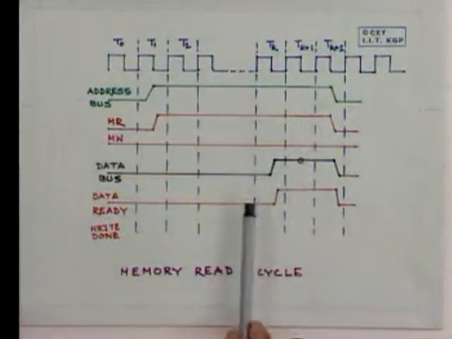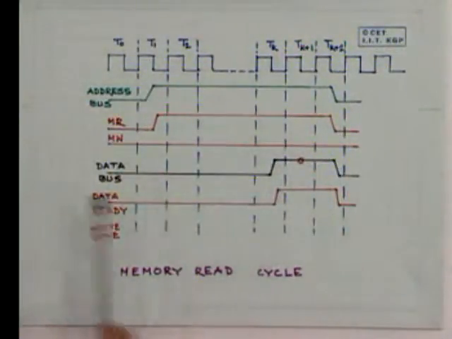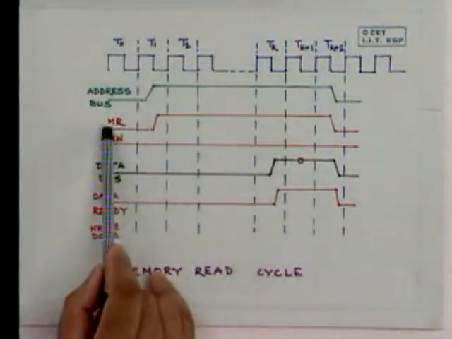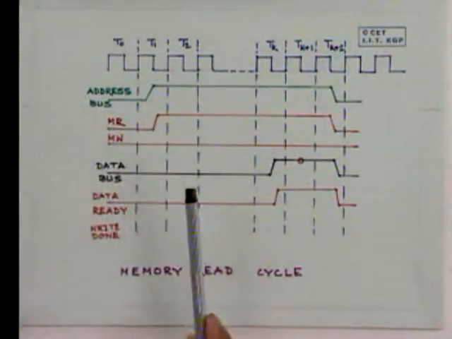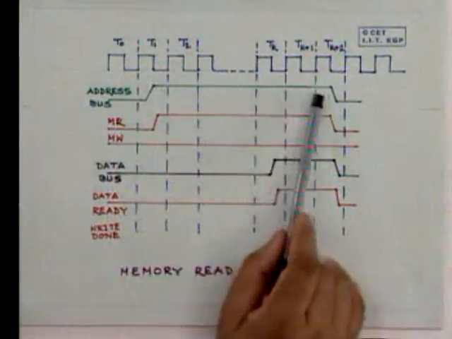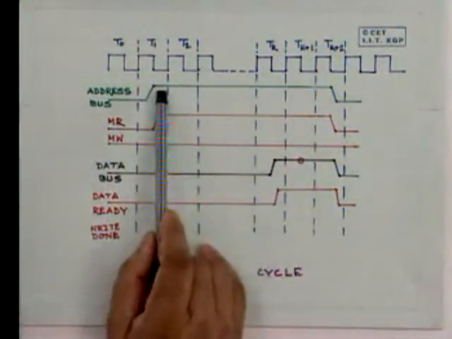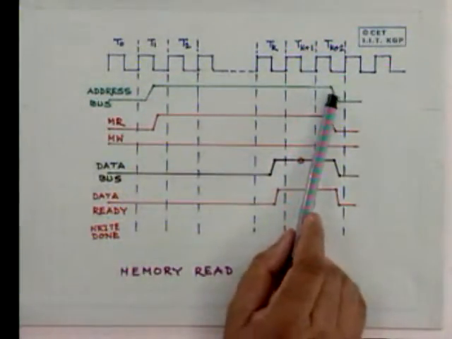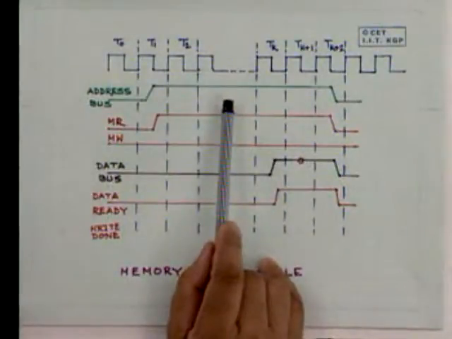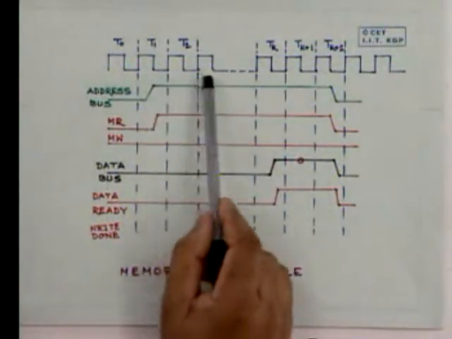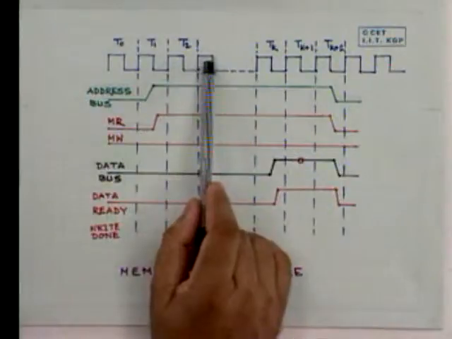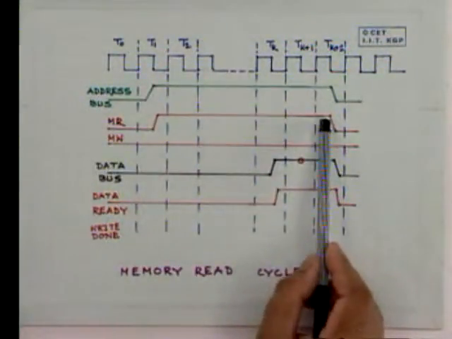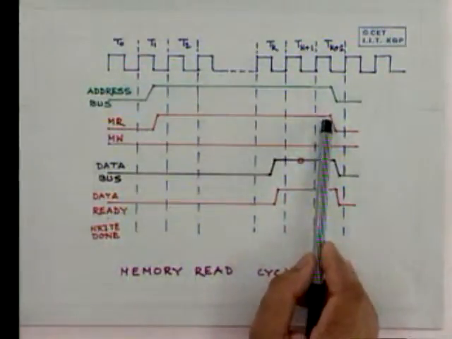One important issue to take into consideration here is that after the address is thrown and the CPU says that memory read is requested, the CPU speed is very high, while the memory speed is not that high in comparison. Therefore, after how many timing states the data will be available is not known.